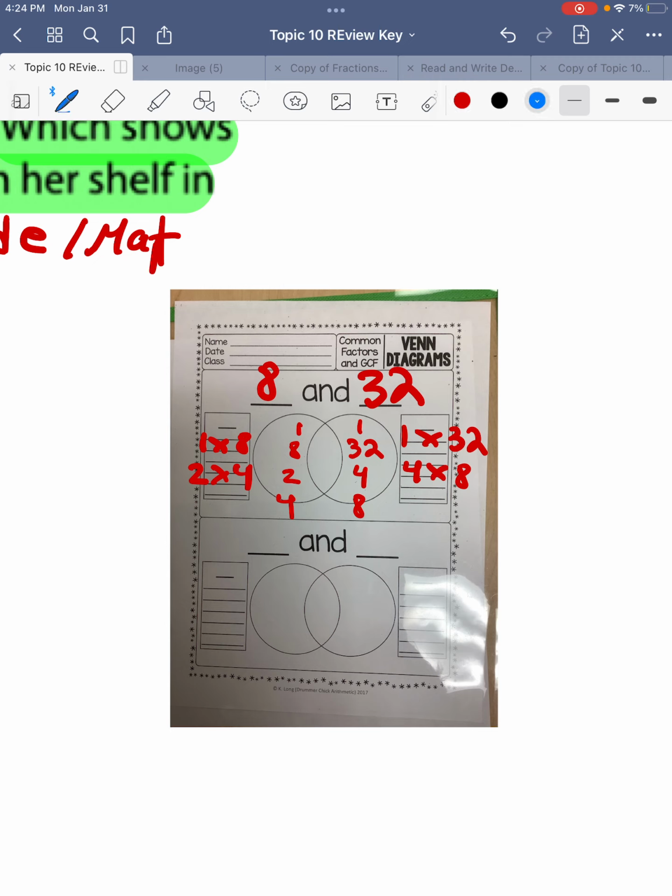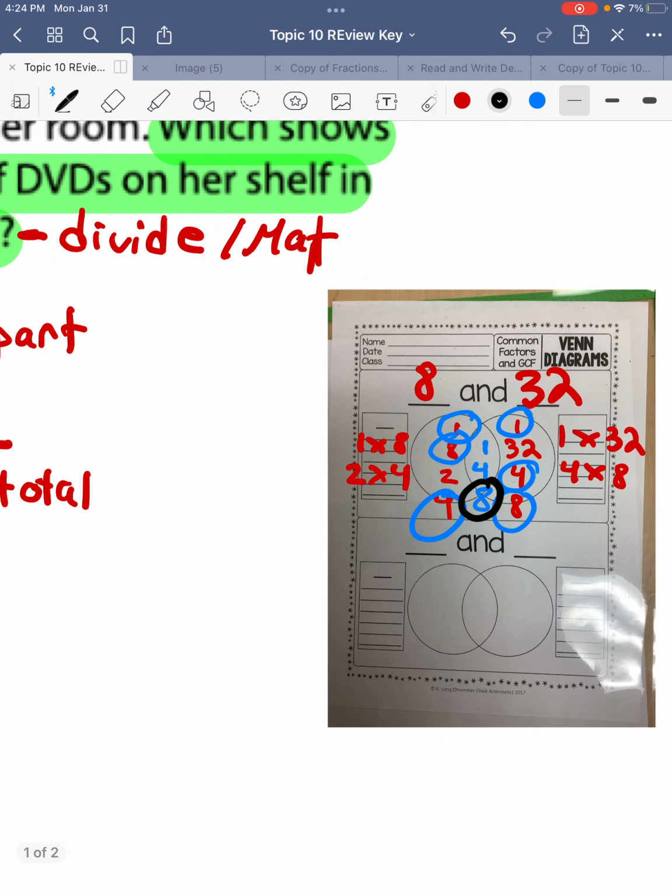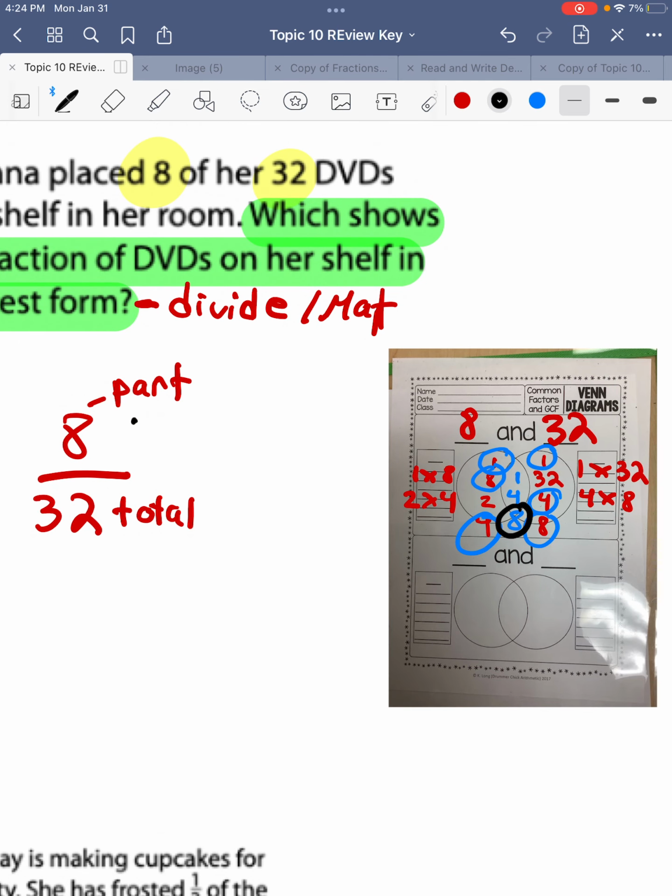Now I'm going to circle the numbers they have in common. They both have a 1, put that in the middle. They both have a 4, put that in the middle. And they both have an 8, put that in the middle. The biggest number they have in common is an 8. So I'm going to go back to my fraction and I'm going to divide each number by 8. 8 divided by 8.